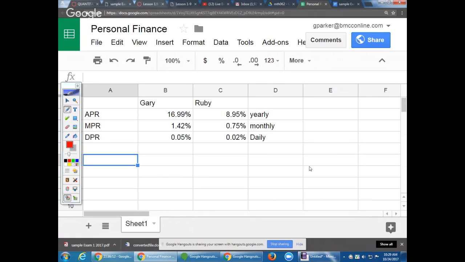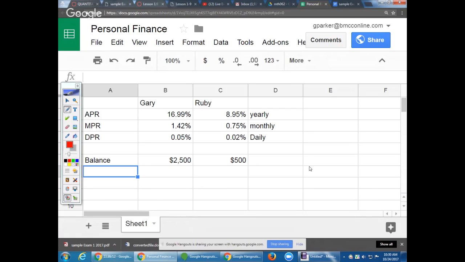All right, so next thing I'm going to do is add some balances in here. Let's suppose Gary has a balance of 2,500 and Ruby has a balance of, she's pretty conservative, let's go with 500. It's Ruby's current balance. And then what I want to figure out is the amount for a day.